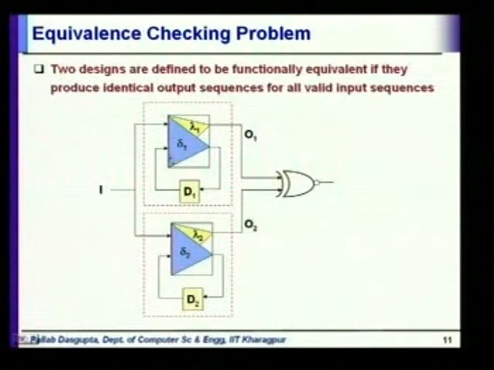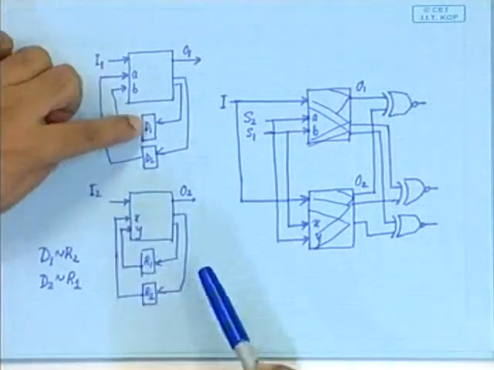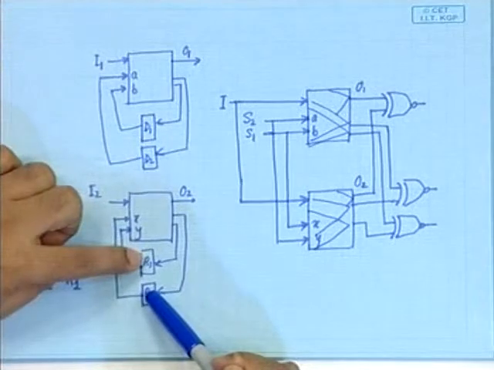Now the values in those 5 lines are not the same, they are different values, but every line here corresponds to some line here if there is a register correspondence. If this register and this register are equivalent, then there is a correspondence between them, like we saw in the diagram which I drew here, that there is a correspondence between D1 and R2 and D2 and R1.